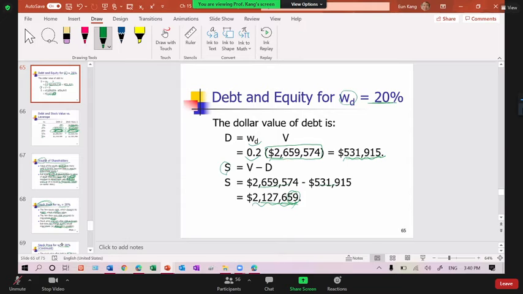So that is just because of 2659574 times 0.2. This one is probably already rounded down or rounded up, right?